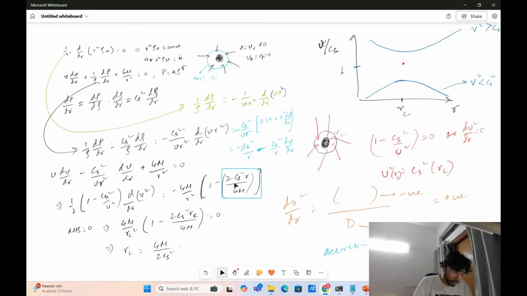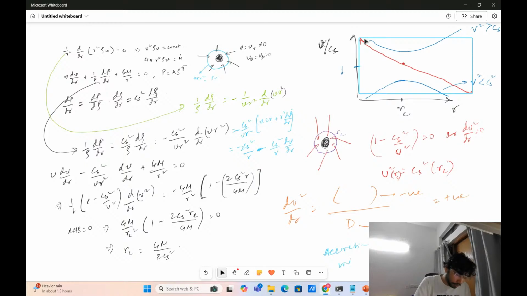If you impose this condition, then your v should be very small as r tends to infinity. So it will start from here, and as it goes closer, it will have very high speeds, right?